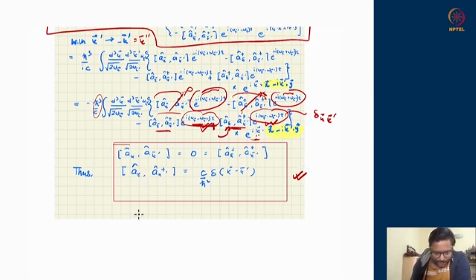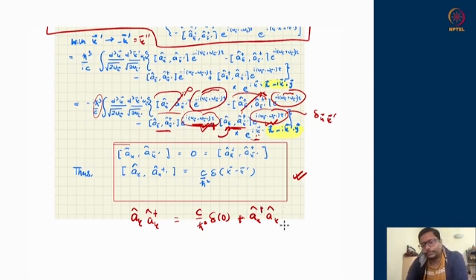If that is the relation, that means ak ak dagger should be equal to this commutator value, which is c h bar squared times delta of 0, because when I put k equal to k prime, I will get a delta of 0, plus ak dagger ak. Okay, so this is what I would get.